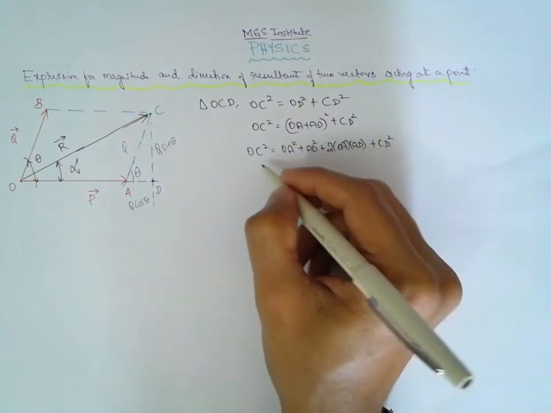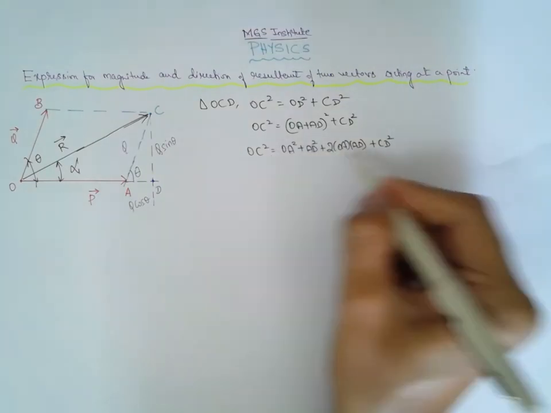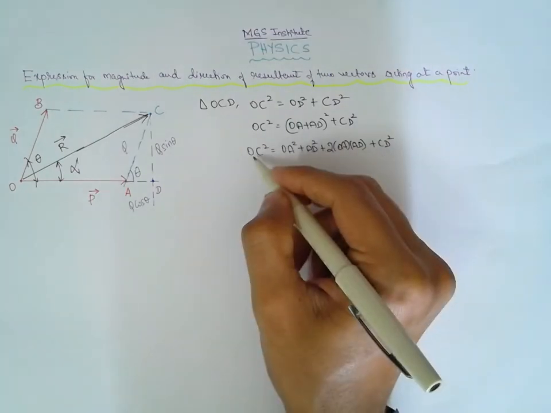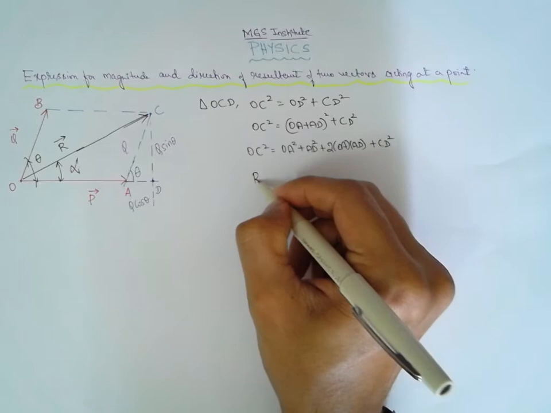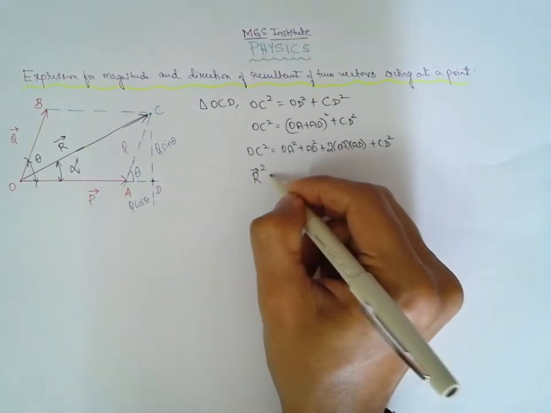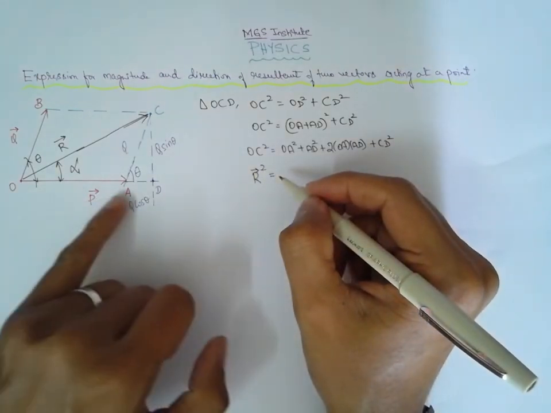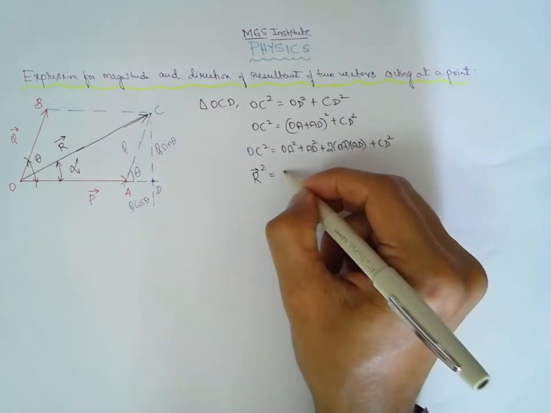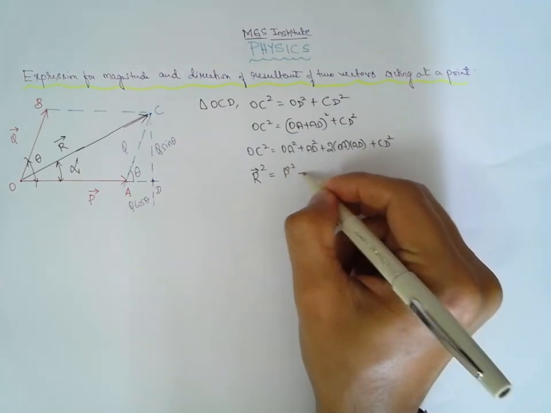Now let us start substituting the values. OC square is nothing but vector R square. OA is vector P, so P square.